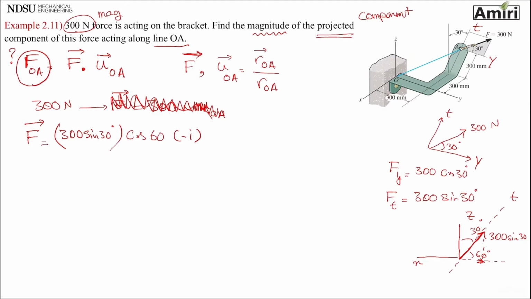This component here, which is Fx, is pointing to minus x, minus i. F of y, I found it here, it's 300 cosine 30 j.